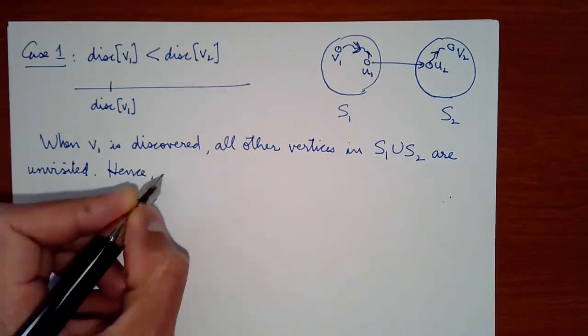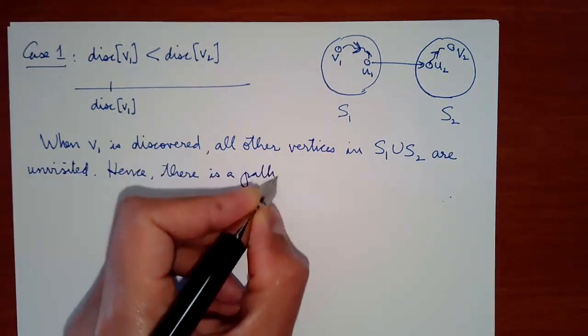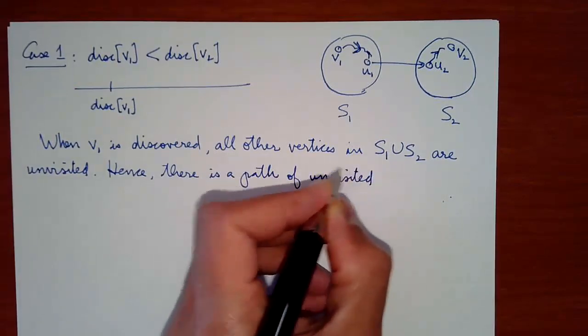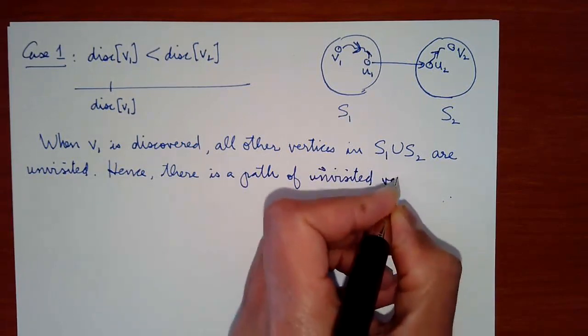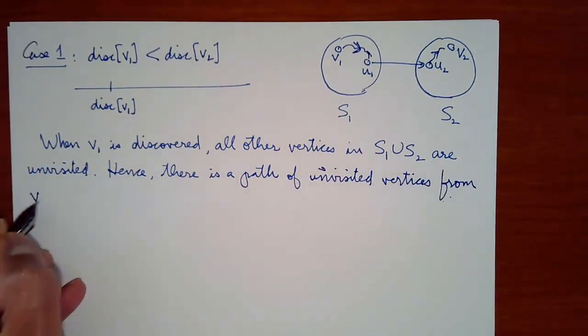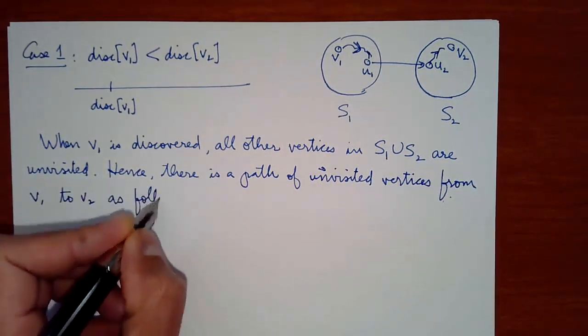Hence, there is a path of unvisited vertices from V1 to V2 as follows.